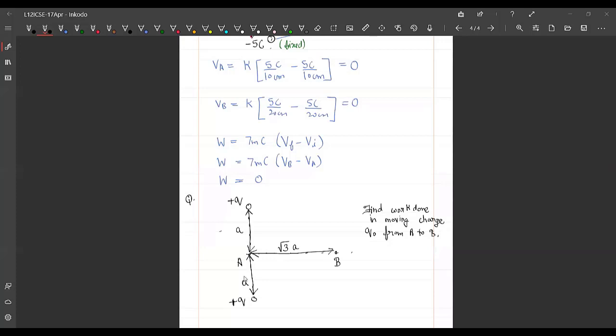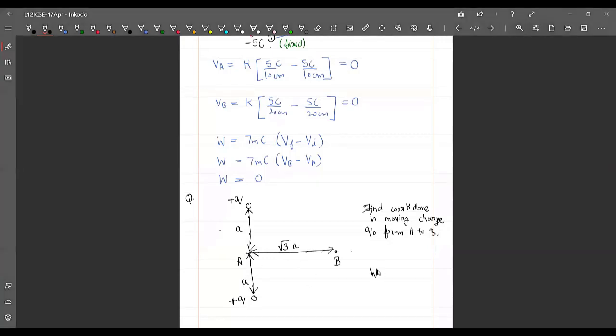Done. Yes, sir. Minus Q naught K divided by A. Okay, this seems correct. By A or by 2A? By A. Okay. So first I'll calculate the initial potential.